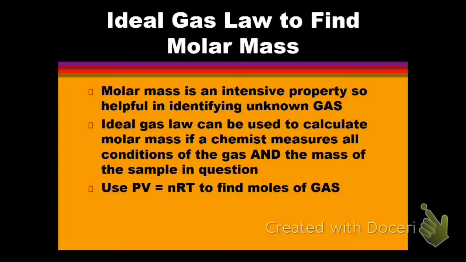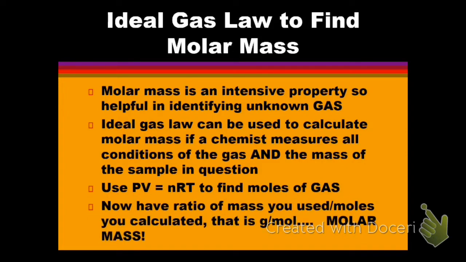And now remember, molecular weight is simply grams per mole. So now you would have a ratio of the mass you use, the extra piece of information that you measured, per the moles that you calculated using the ideal gas law. And now, voila, you would have the molar mass of this gas.